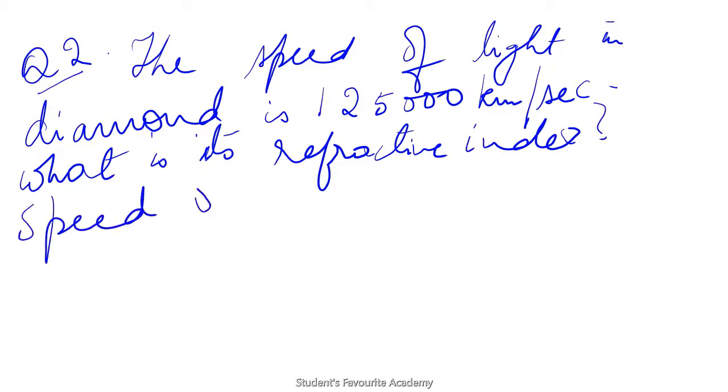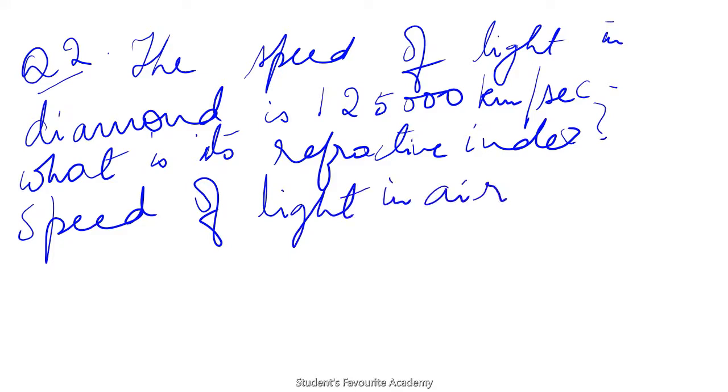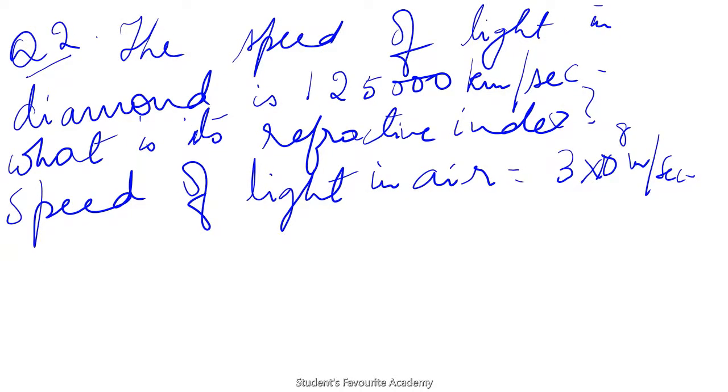Speed of light in air is equal to 3 into 10 to the power of 8 meter per second. So again, same formula.